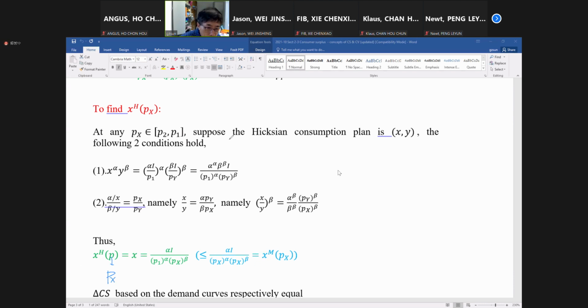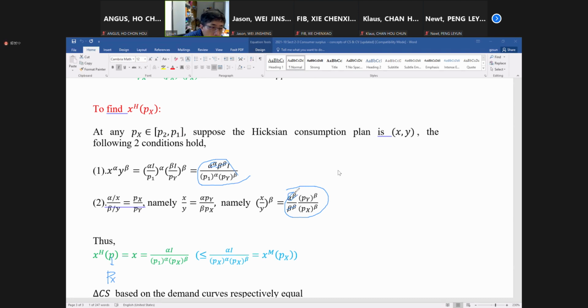And now look at the right side. This term times this term. What can we see? Firstly, the beta disappears, right? This is very nice. And let's look at alpha. Alpha to the power of alpha, alpha to the power of beta. So therefore, alpha to the power of alpha plus beta. That is alpha. Oh, that's very nice. Alpha also finished.